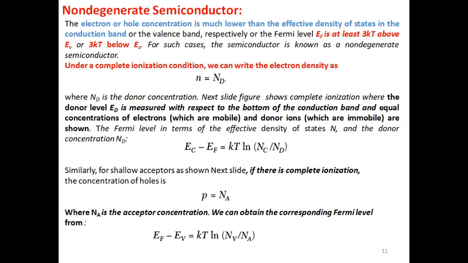In the next slide, we show the complete ionization, where the donor energy level Ed is measured with respect to the bottom of the conduction band, and it is equal to the concentration of electrons, which are mobile, and donor ions, which are immobile.